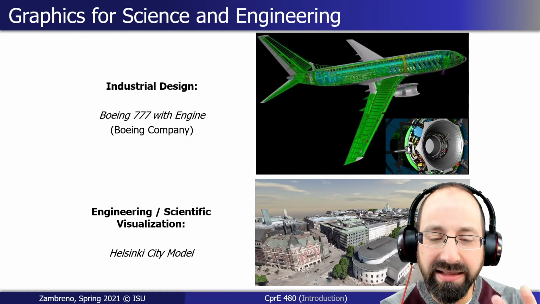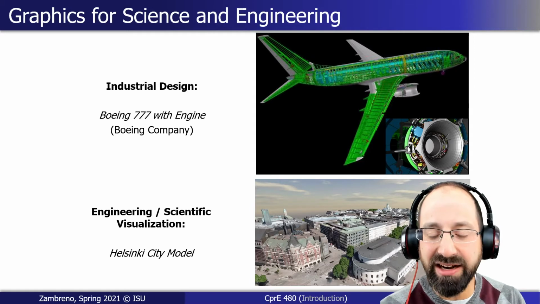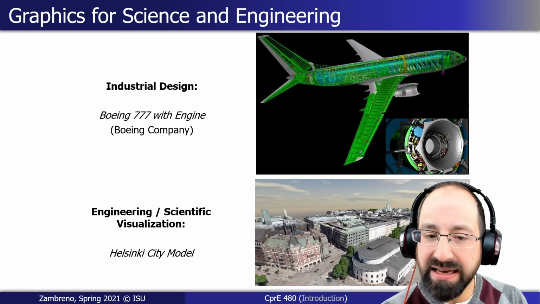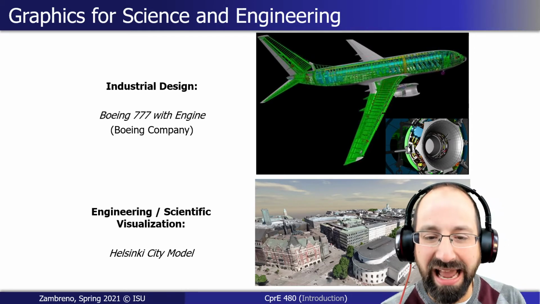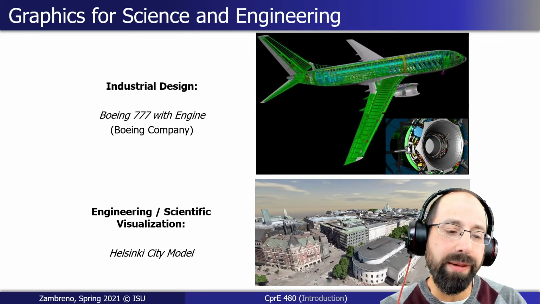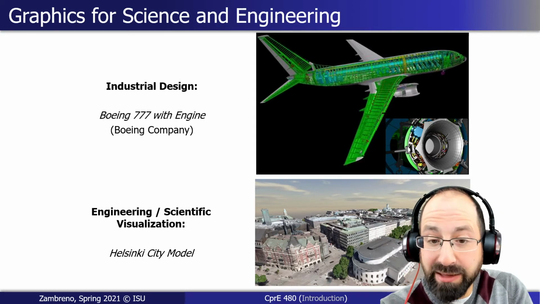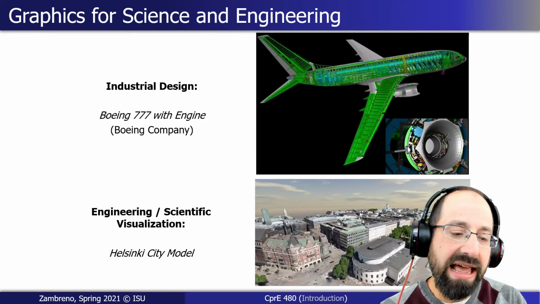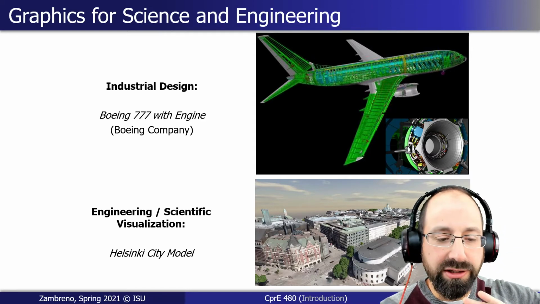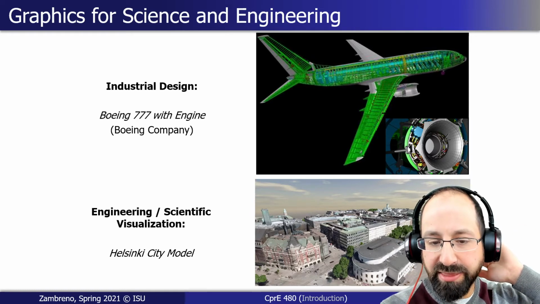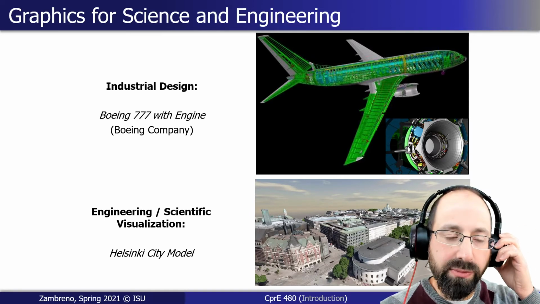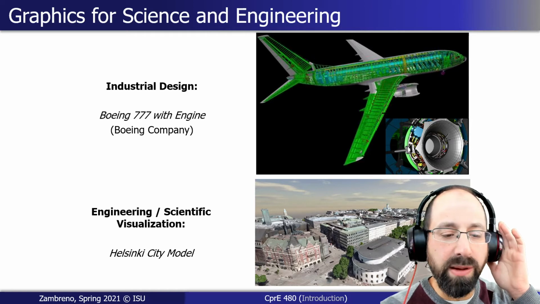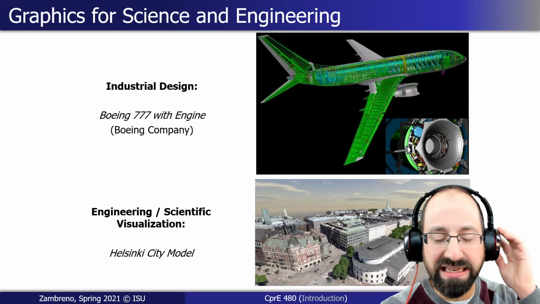But it's basically modeling the entire CAD of an entire Boeing plane, down to all the electrical and mechanical parts associated with it. And being able to visualize that can be very helpful for all sorts of other design and optimization tasks. And then separately, you have scientific or engineering visualization. There, it's not always necessarily the number of triangles that is really impressive, but maybe the size of the meshes and the textures in the model.